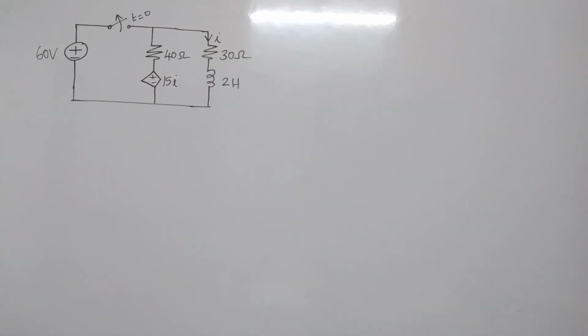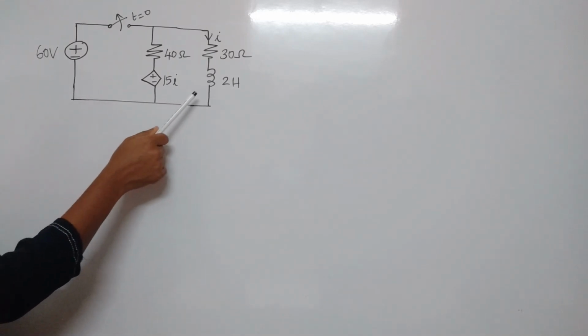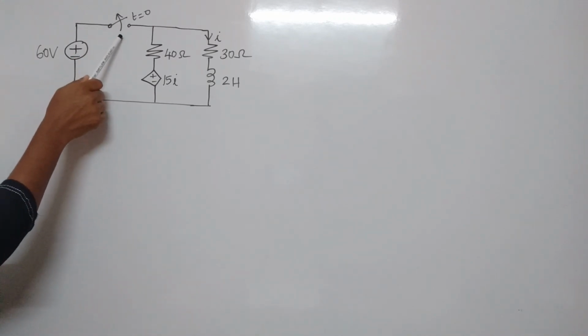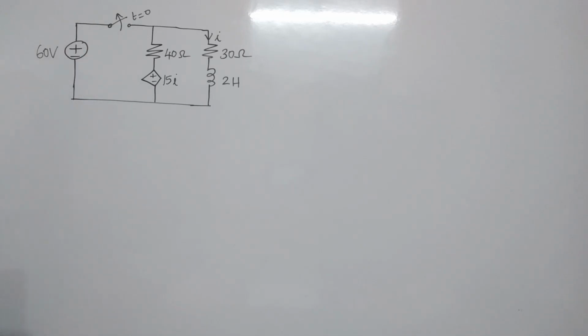Question is, find current in 30 ohm resistance when the switch is opened at t equal to 0. So here there is a dependent source in the circuit and there is an inductor. So this circuit has been closed for a long time and the switch is opened at t equal to 0.